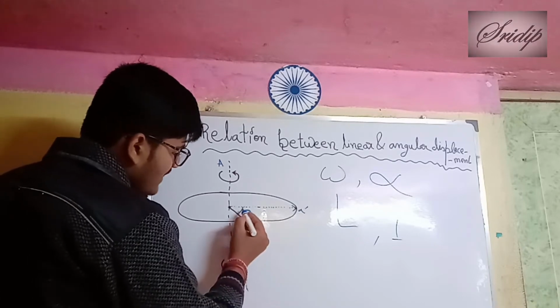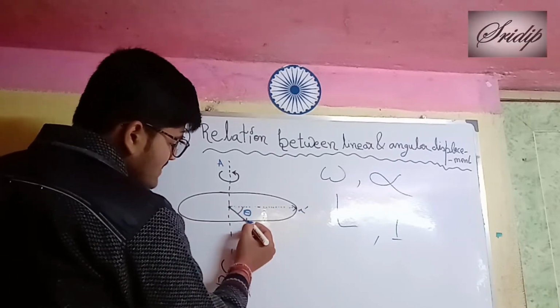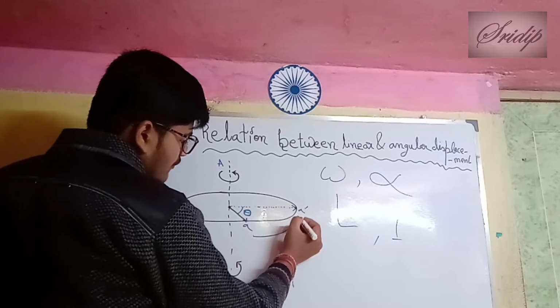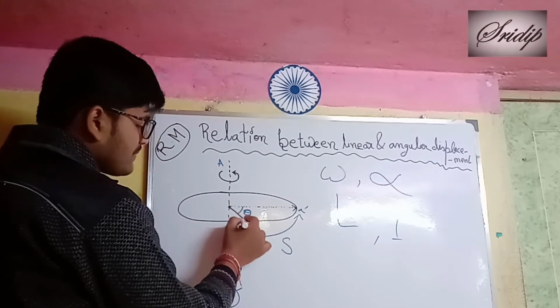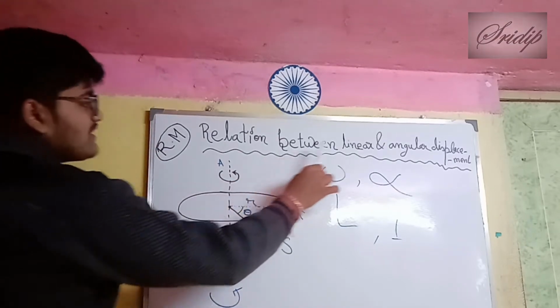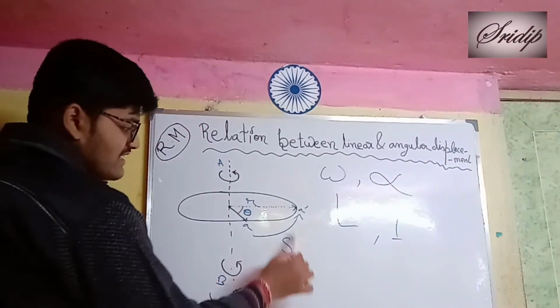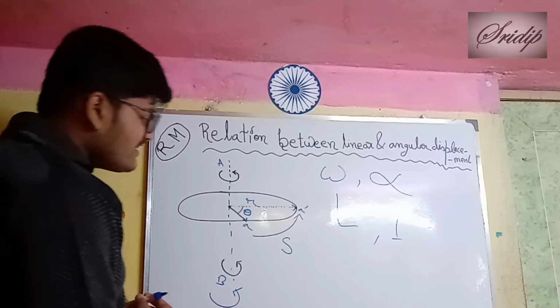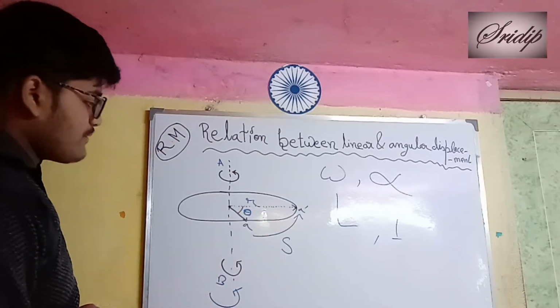If we call this angle theta, and the linear distance which this particle covered S, and the radius of this disk r, then we will get a relation between linear and angular displacement. This S is termed the linear displacement and this theta is termed the angular displacement.